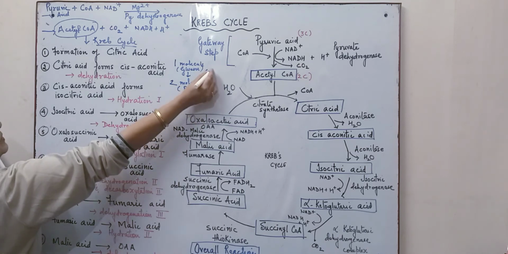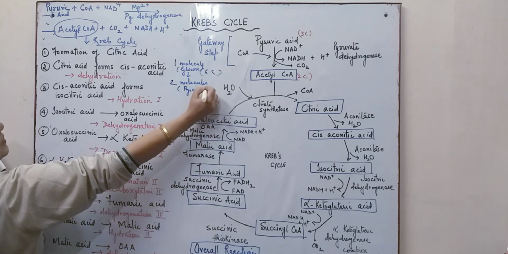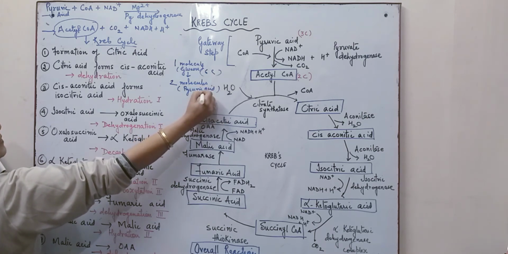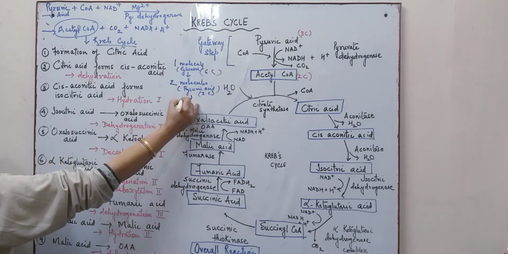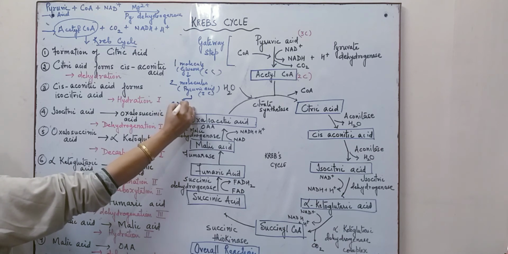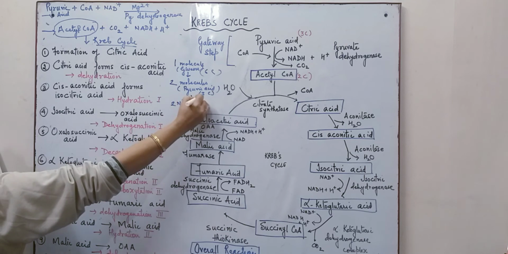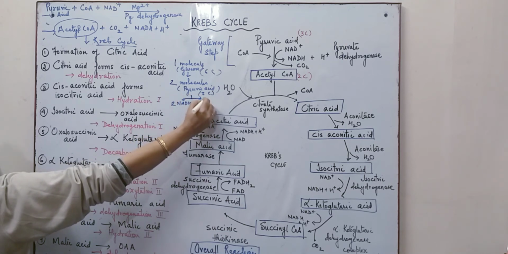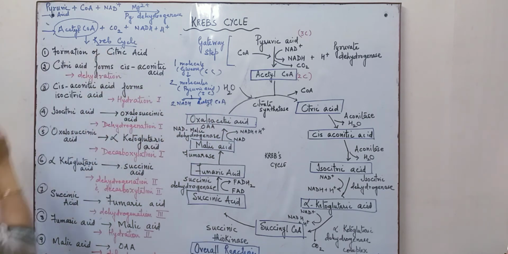This is 6 carbon, this is 3 carbon, 3 carbon. And this forms 2 NADH and acetyl coenzyme A. This acetyl coenzyme A now enters into the Krebs cycle.